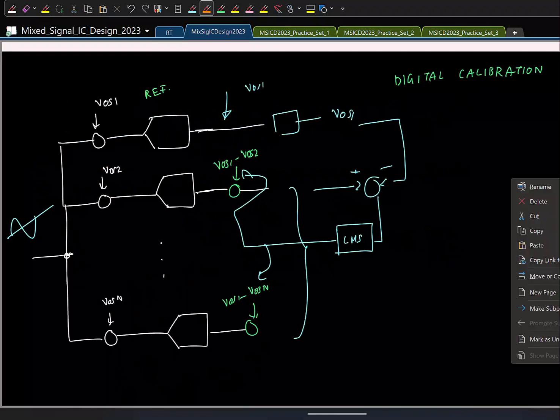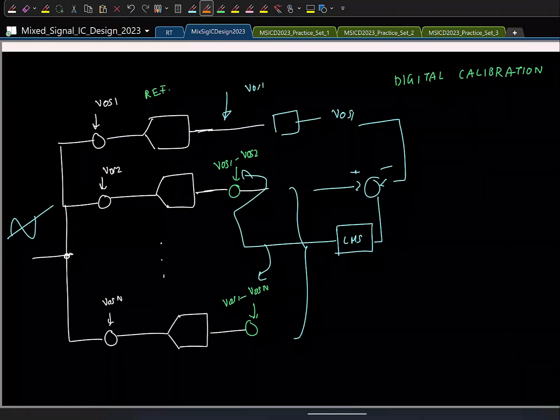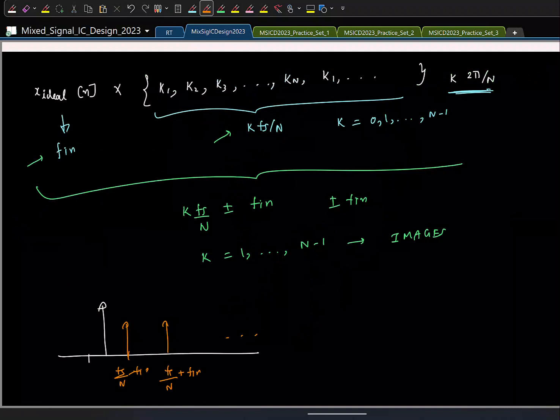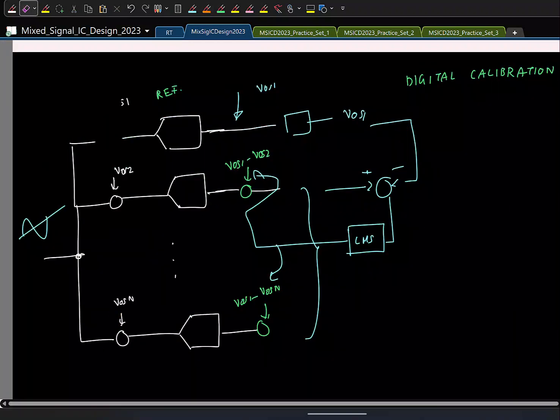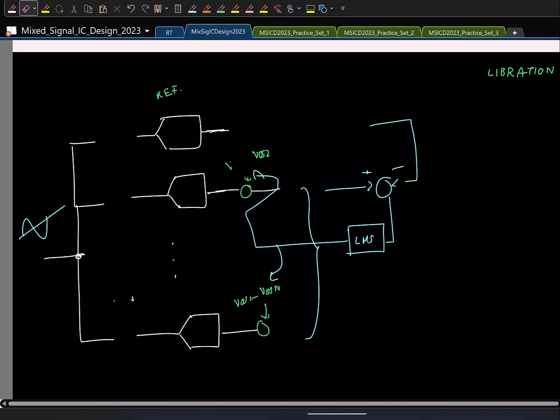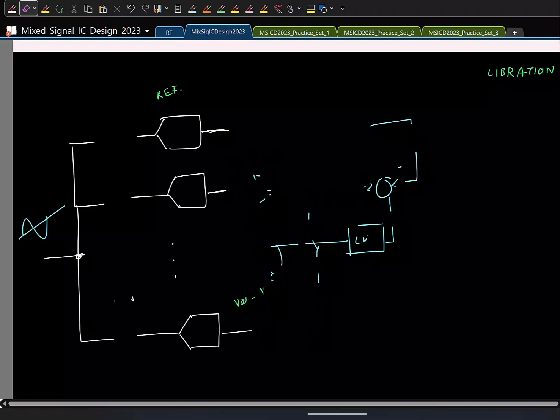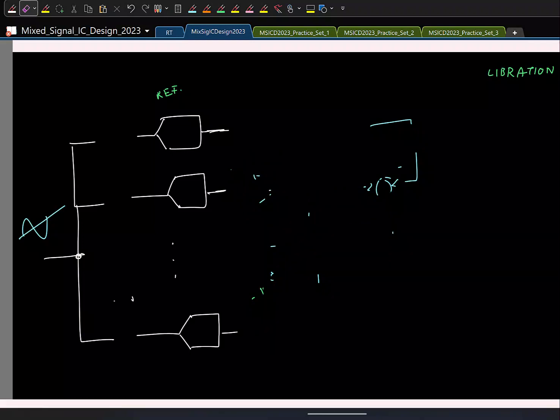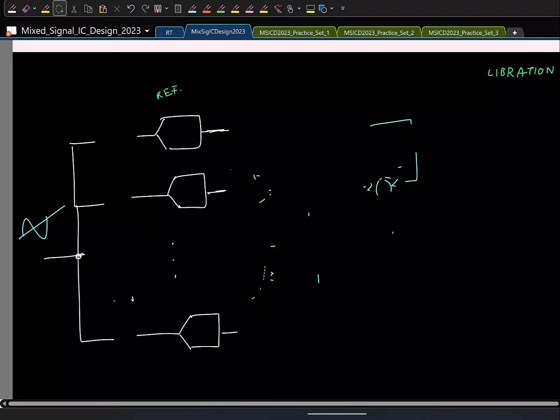Copy this. Here we don't have an offset, we have a gain error.